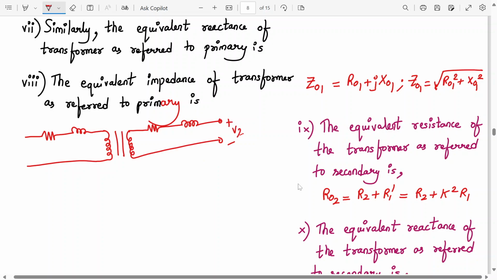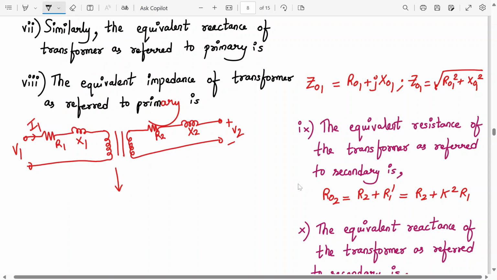This is plus minus V2. This is R2. This is V1, I1. So this is R1 X1, R2 X2.